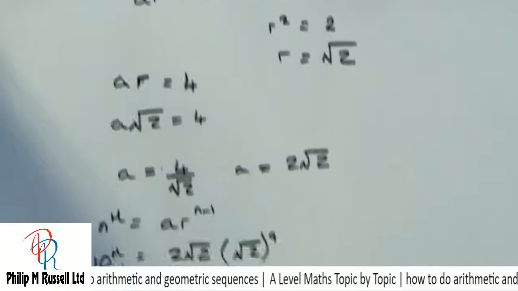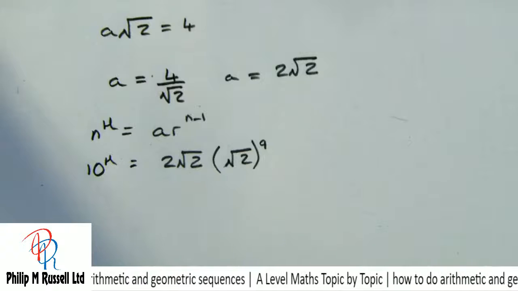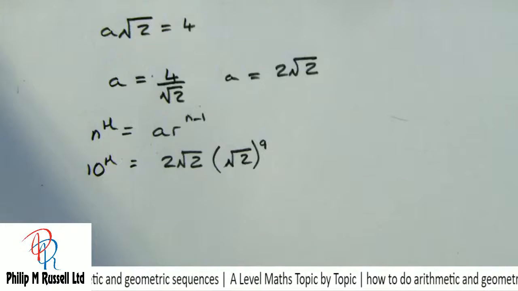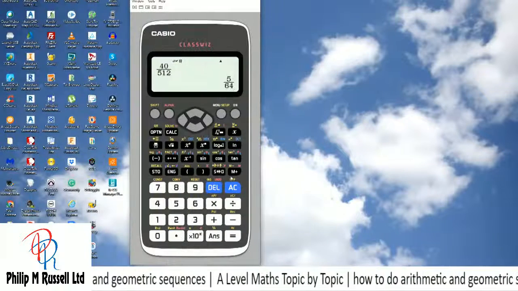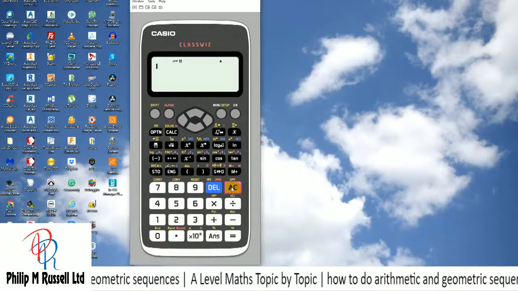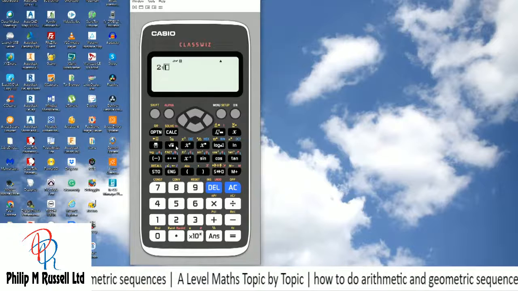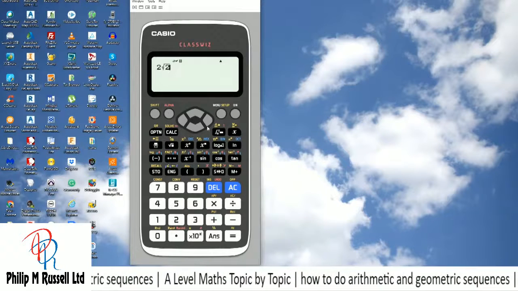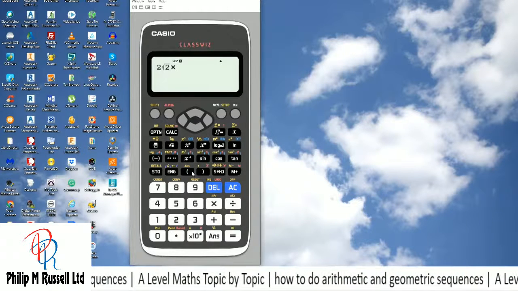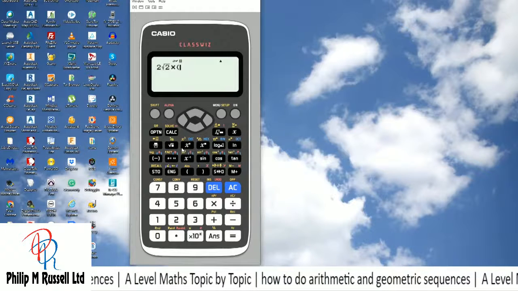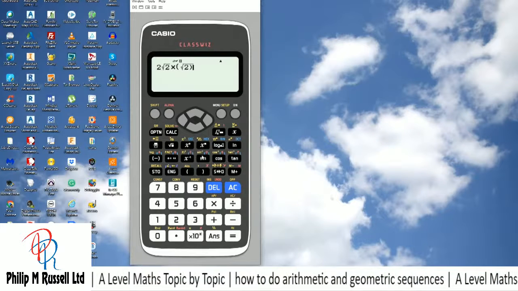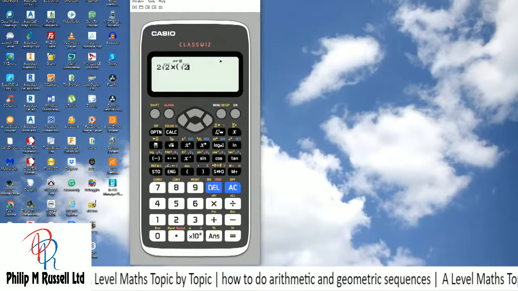Now for that I'm going to cheat, and I can use the calculator if I want to try and do that. Surprisingly, the calculator usually copes quite well with many of these things. So let's just try 2 root 2, and then I'm going to multiply that by root 2, didn't like that one, did it?